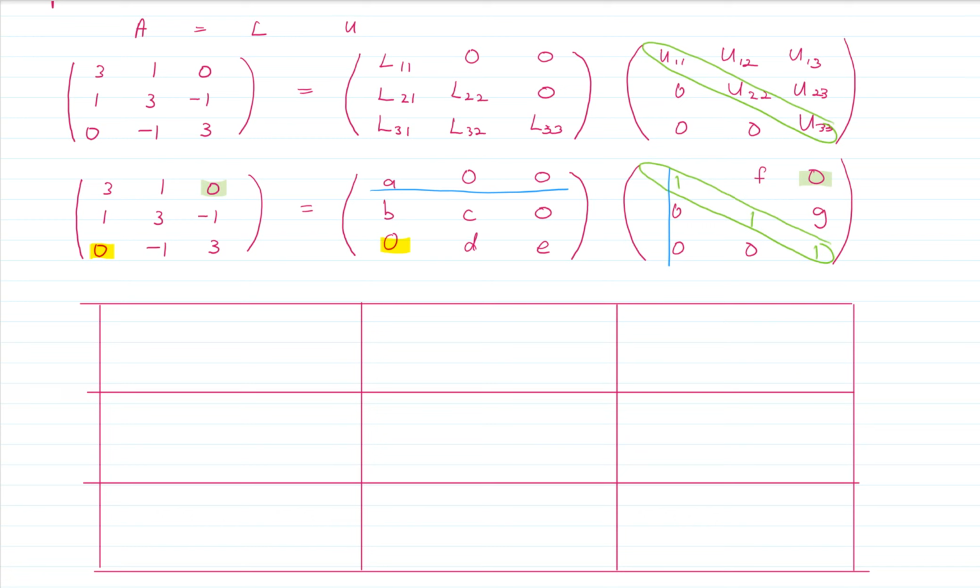So this is the basics of matrices. We get A times 1 is A, plus 0 times 0, plus 0 plus 0.